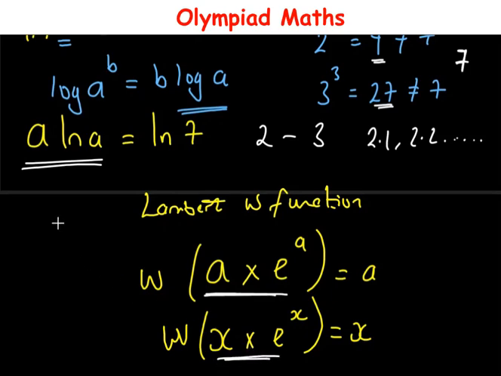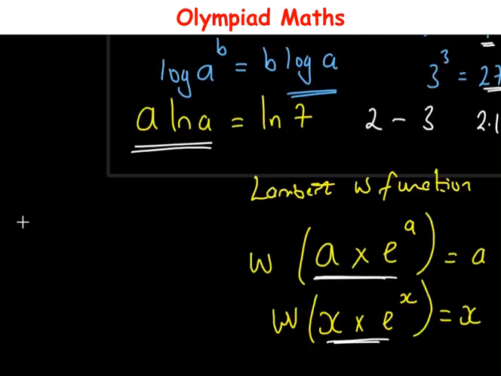To do so, we are going to introduce a particular function. If you have e raised to power ln x, this is equal to x. Why? Because e cancels ln, you have x. So that means that we can also express a as e to the power of ln a.